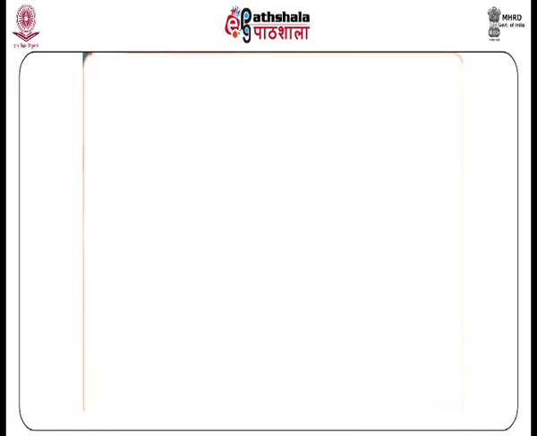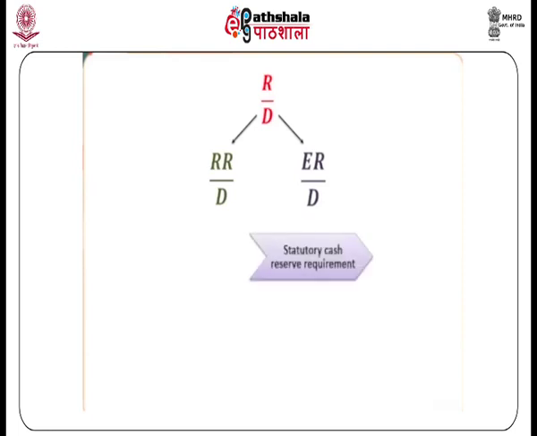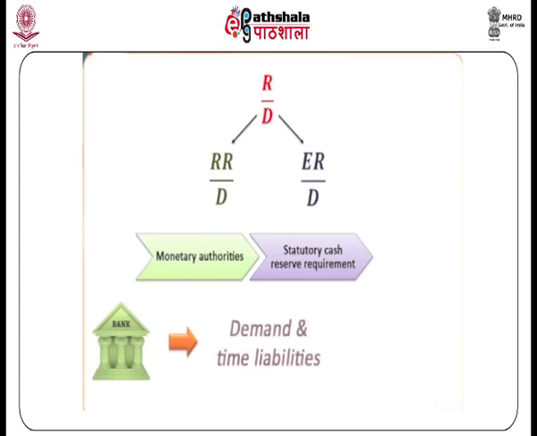The R upon D ratio is composed of two ratios, the RR upon D ratio and the ER upon D ratio. The RR upon D is due to the imposition of the statutory cash reserve requirement imposed by the monetary authorities on the banks to be kept as a proportion of their demand and time liabilities as balances with the RBI.